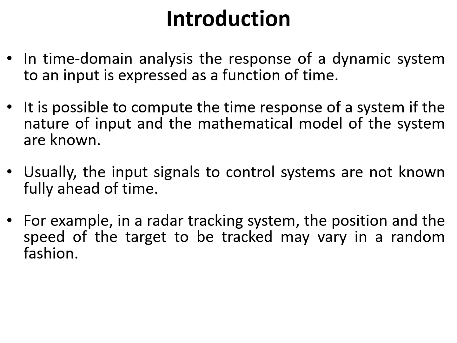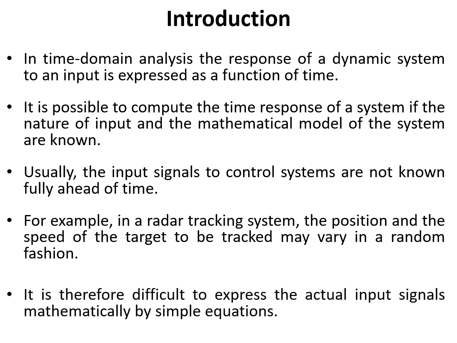For example, if I consider a radar tracking system, the position and the speed of the target to be tracked may vary in a random fashion. Initially I will not know it, but I know there is a target which might come across in the tracking field. What the speed of that target is, is unknown to us, correct?